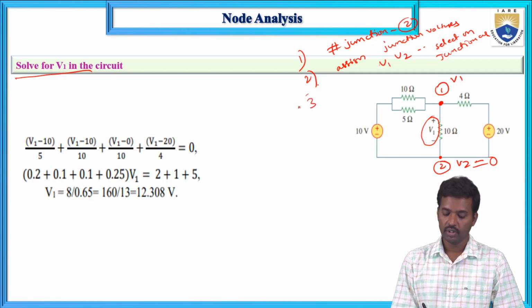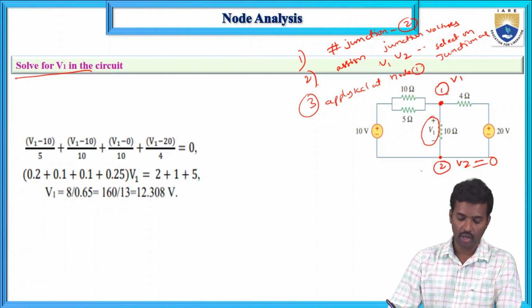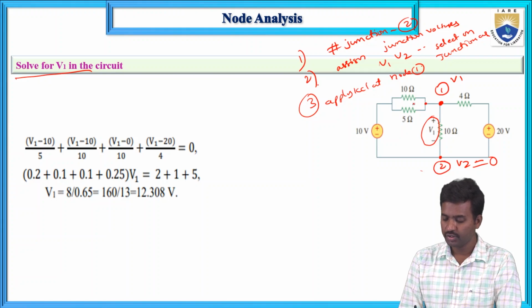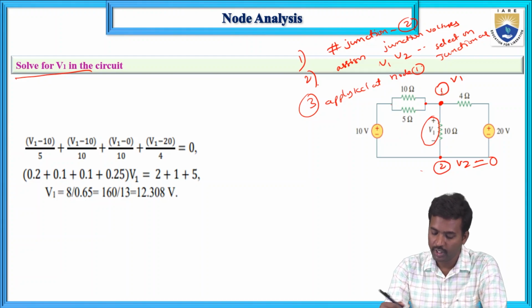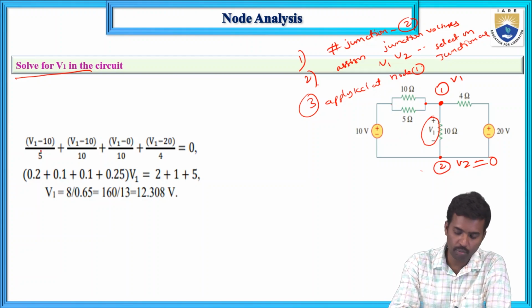Now the third step is to apply KCL at node 1; not required here. So now if you apply KCL at this node, I am writing here: this potential is V1 and this potential is 10. So the potential difference between these two is V1 minus 10. How many elements are connected to this node? 1, 2, 3 and 4. So here (V1 minus 10) by 5, this one.